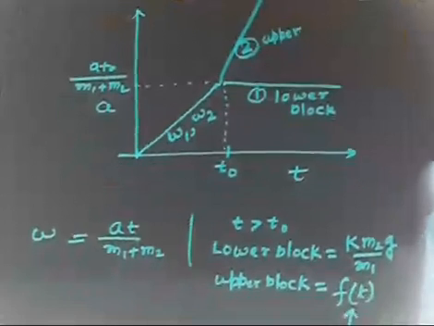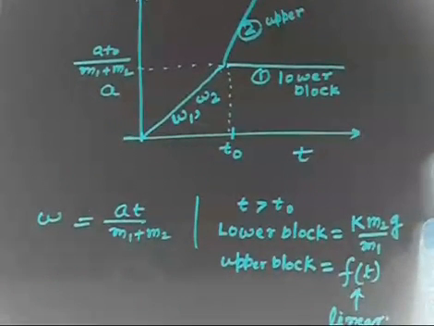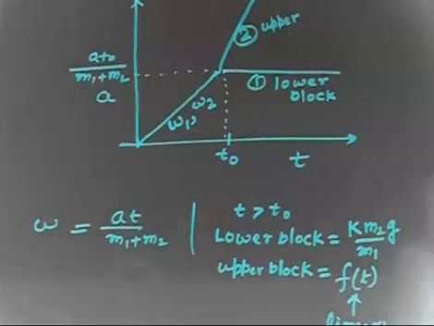Let us copy this one. This is quite a good problem in the sense that it covers a large number of concepts. It covers the concept of friction. Let me explain once again what we have done. I have two blocks kept together.